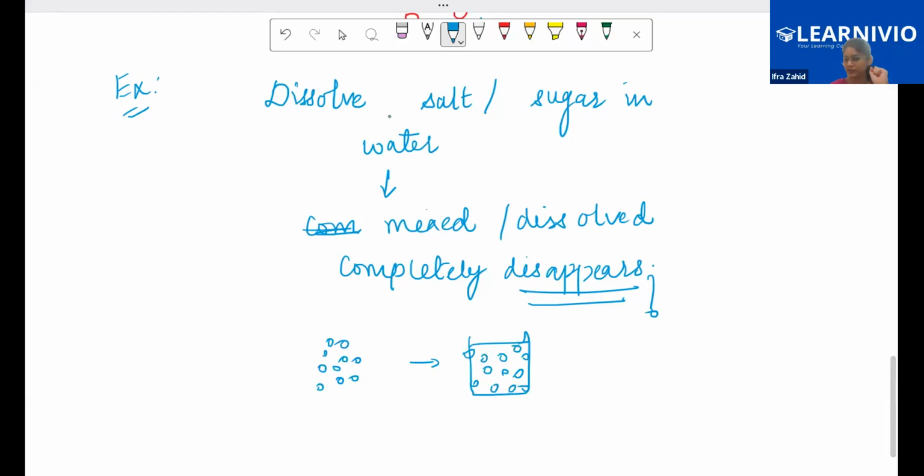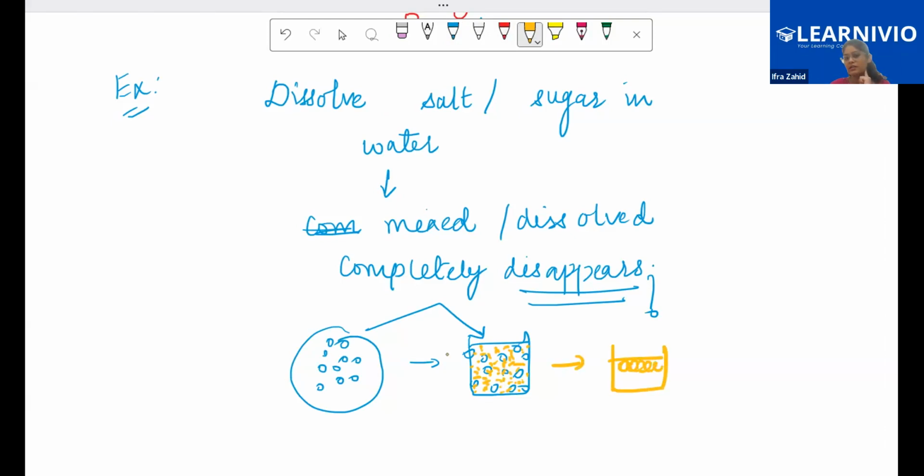They have gaps in between. When you dissolve this salt in this water, these particles will take up this space in between. The gaps which are there in the particles of water will be filled by the particles of salt. And this solution will be formed. Clear?